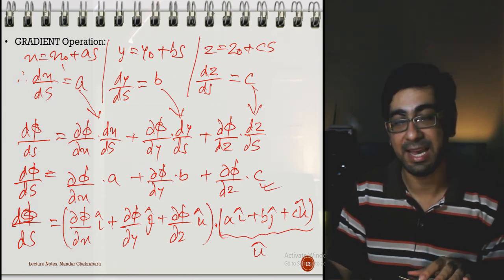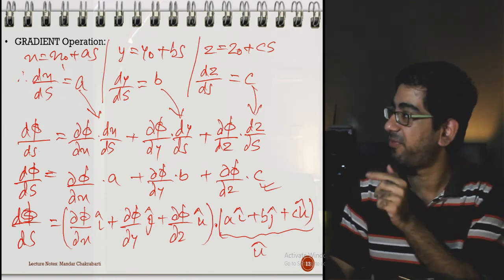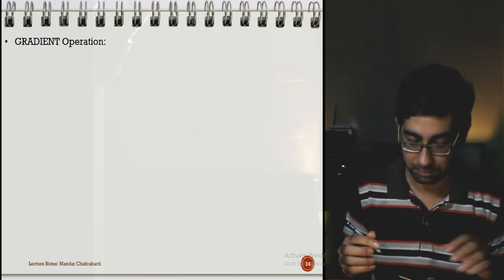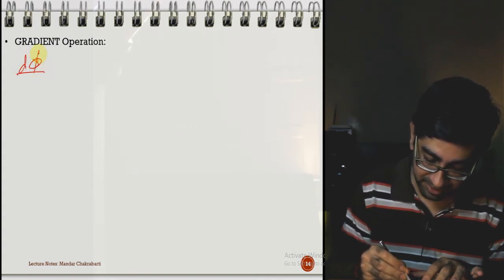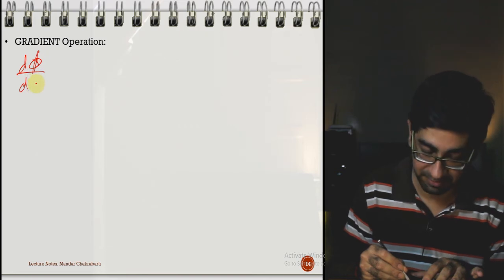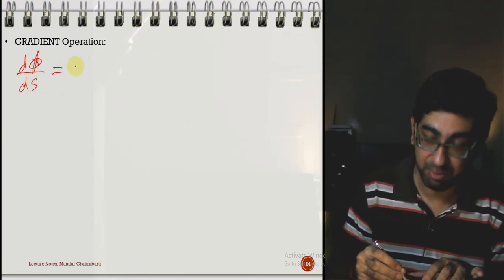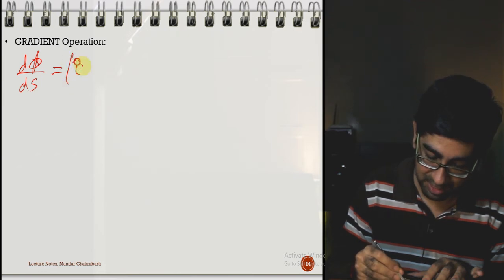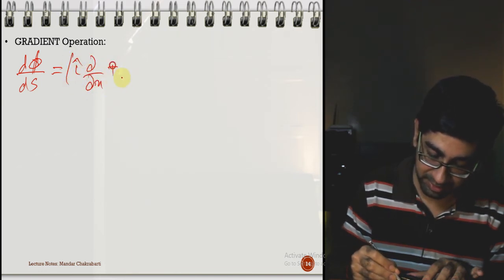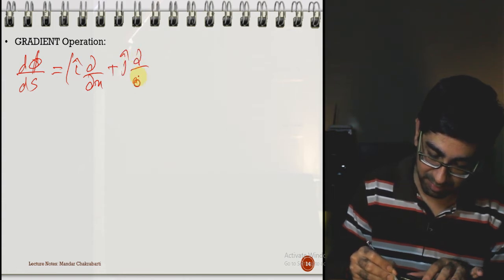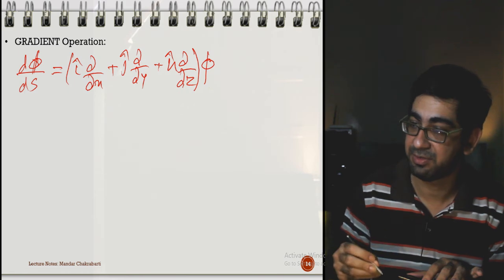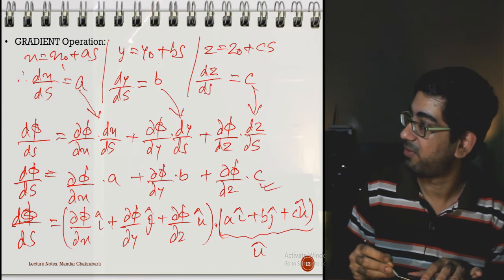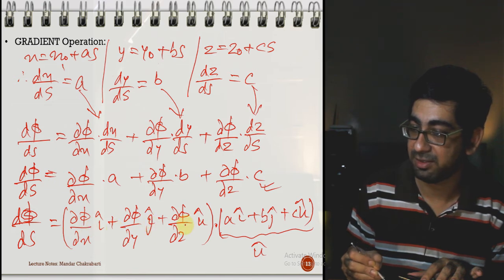So, this is now what I get. Now, let me rephrase this particular statement in another way. The derivative of the function with respect to s, I am going to write it as i partial derivative with respect to x plus j partial derivative with respect to y plus k partial derivative with respect to z of this scalar function phi, if I were to take phi common from all these three equations.